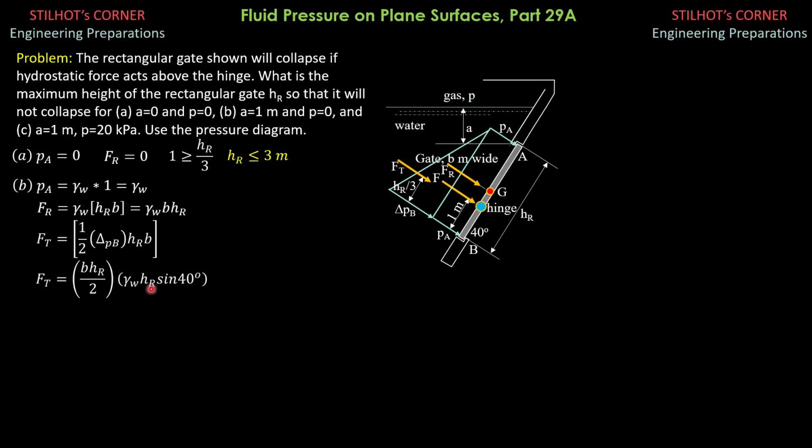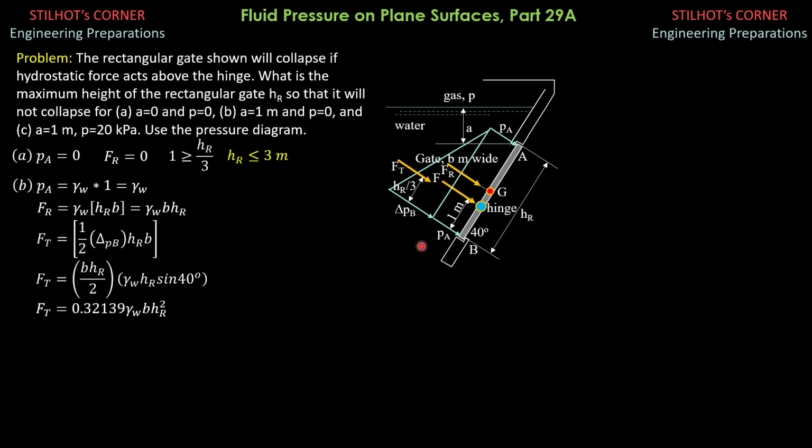And that's the delta PB, this quantity here. I just factor out BHR over 2. So simplifying, Ft is 0.32139 gamma of water BHR square.